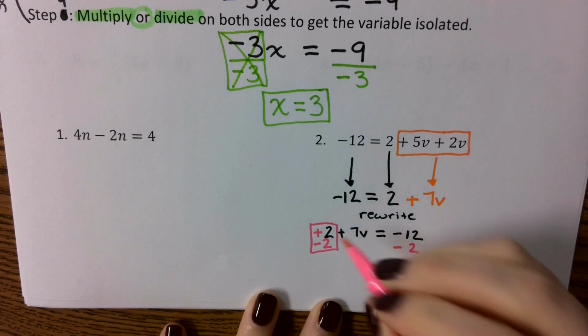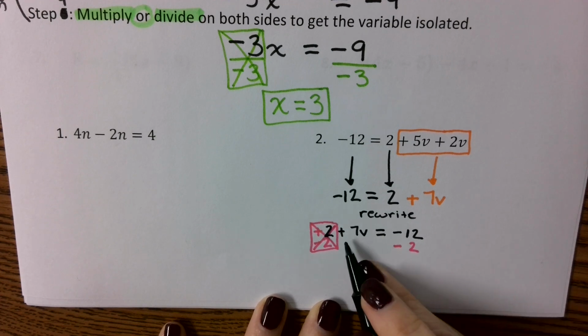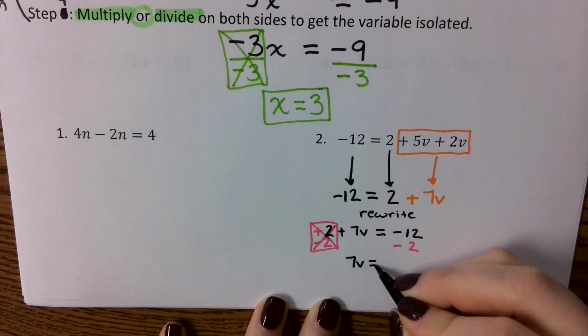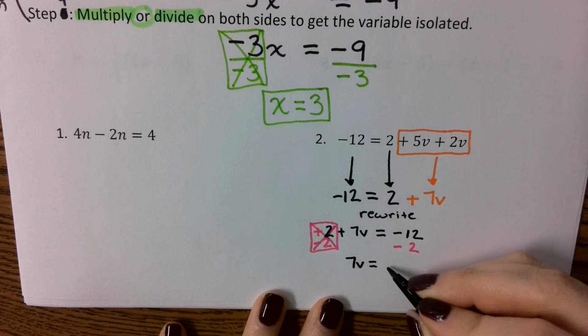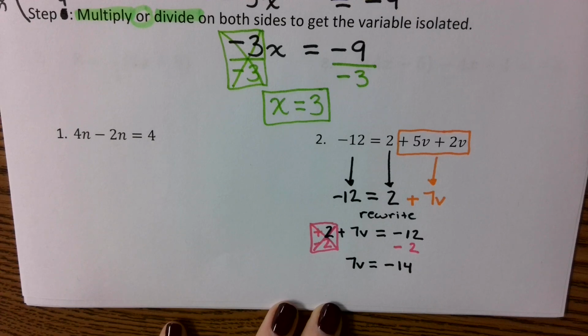We boxed it. Now we cross it. Positive 7v is what we're left with on the left. Negative 14 is what we now have on the right. Okay, we have 7v is equal to negative 14.